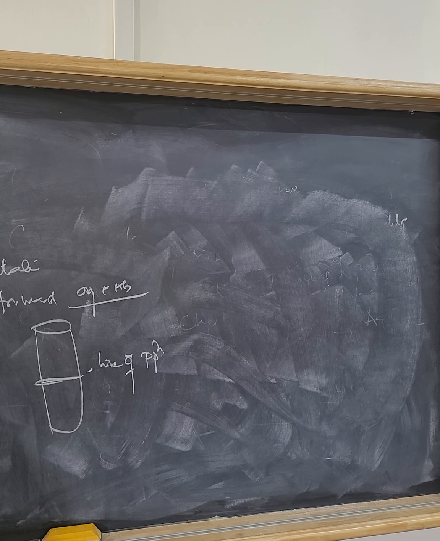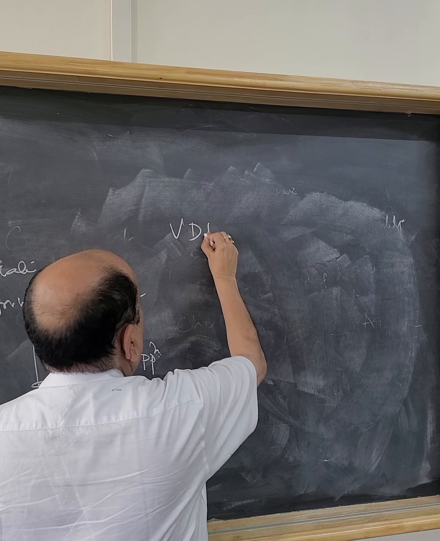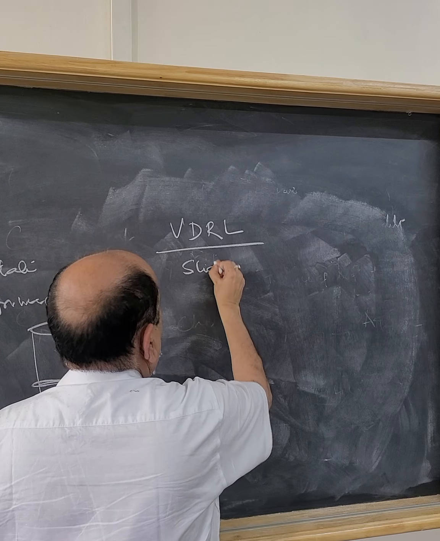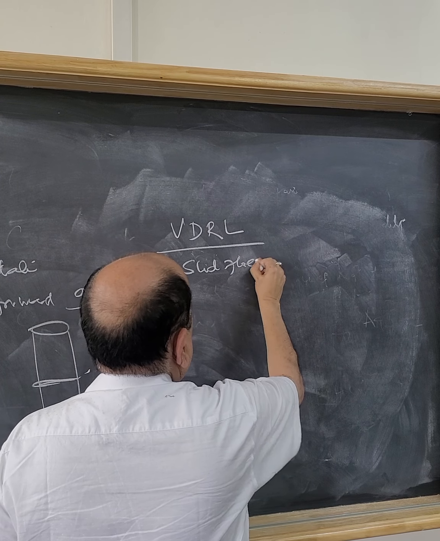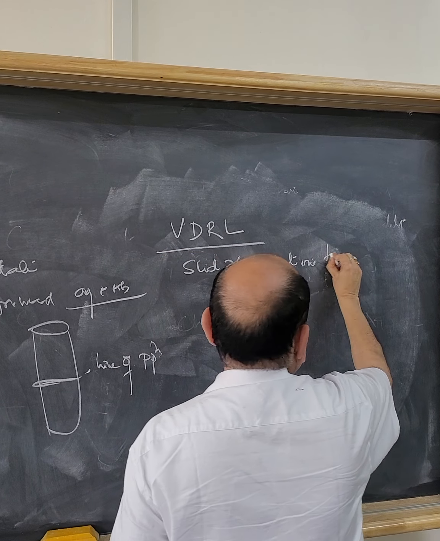So one of the important precipitation tests is VDRL. VDRL is called a slide flocculation test.